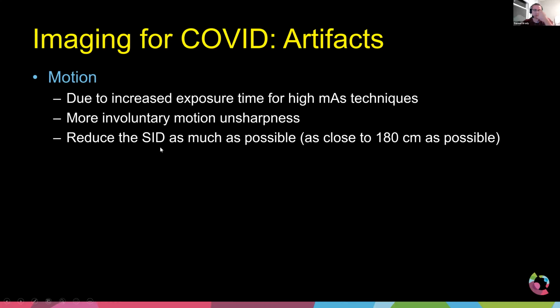Remember, you get magnification effects if the patient's away from the detector, and the farther away you are, the more penumbral effect you get. So do your best to keep the detector as close to the patient as possible and keep your SID, the source to image distance, roughly in that 140, 150 to 180 centimeter range, whatever range you're imaging in.